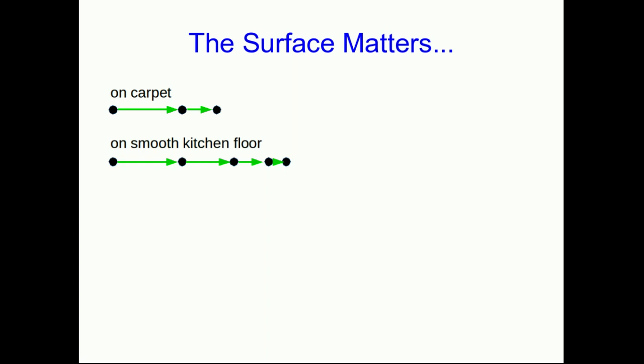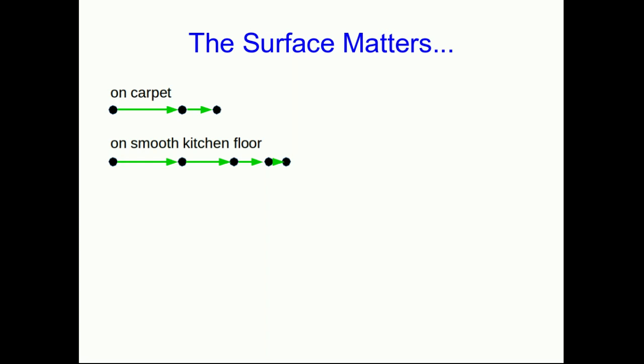So, depending on what sort of floor you were on when you tried this experiment out, you might have seen different things happen. If you did this experiment on the carpet in your living room, the book probably didn't go very far. In fact, you might not have even noticed that it moved much after it left your hand. But if you did this on your smooth kitchen floor, it probably went some distance after it left your hand and took a while to slow down and stop. So now, walk outside. You know, this is Canada.